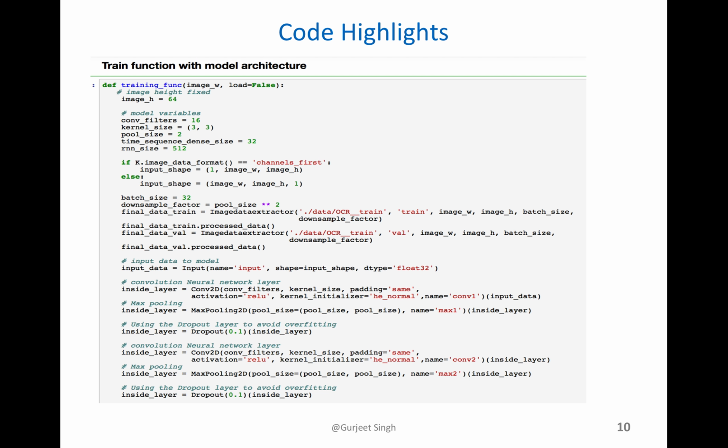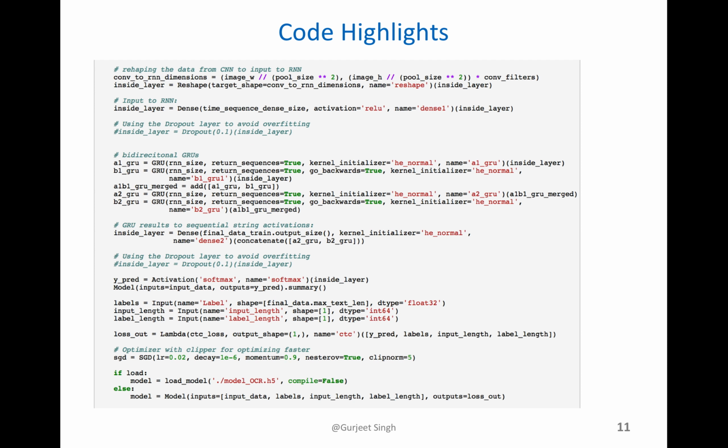Then I'm taking the input data as my first layer, then the convolution layer where I'm using ReLU activation, and then a max pooling. After that, I'm using another convolution layer, and then a second max pooling.